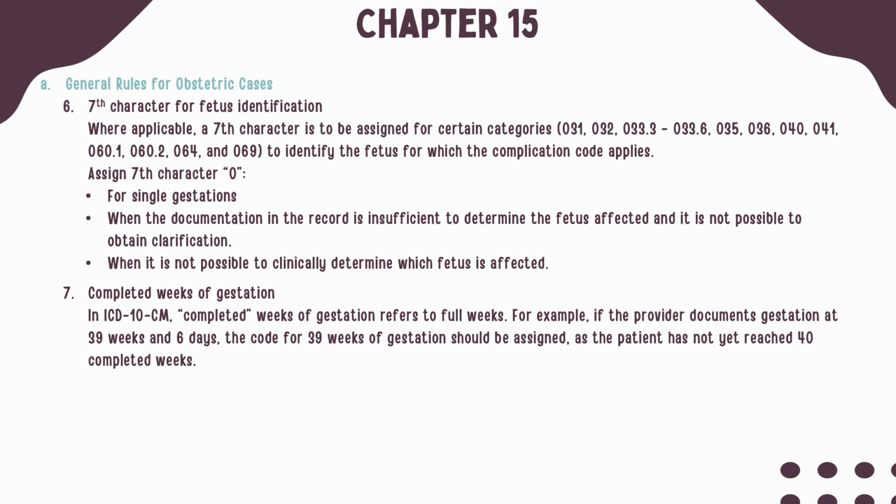Be careful when assigning your seventh character 0, as it can be used for a few instances, such as if the pregnancy is for a single gestation, meaning there's only a single baby, when the documentation is unable to determine the fetus that is affected and it is not possible to obtain clarification, and when it is not possible to clinically determine which fetus is being affected.